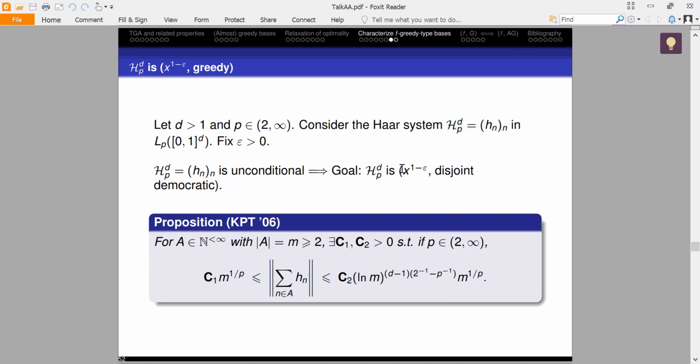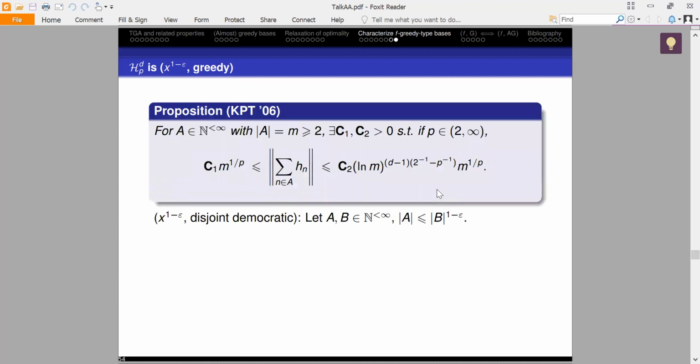But it turned out that it is x^{1-epsilon}-disjoint democratic. We introduce the epsilon here to take care of the log function. Okay. And now we can see the proof.